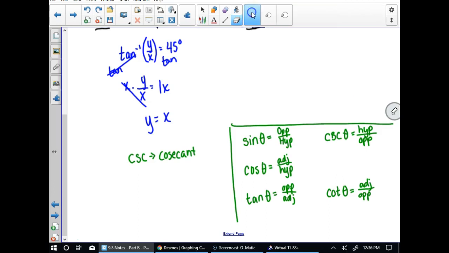Let me write that so you can read it better. That's a CSC. And then cosine has to go with secant, because you couldn't have cosine and cosecant. That would be 2 cos. That wouldn't work out. So, secant of theta is hypotenuse over adjacent.